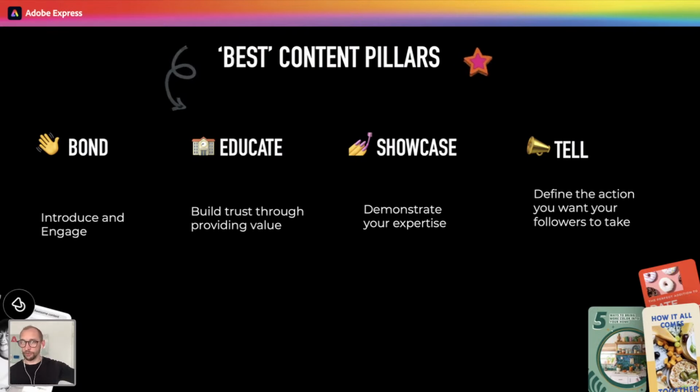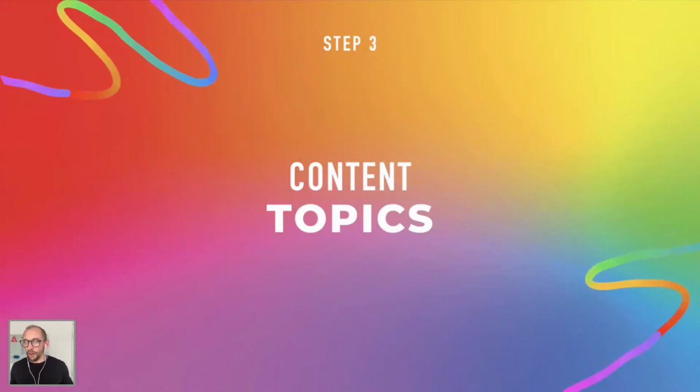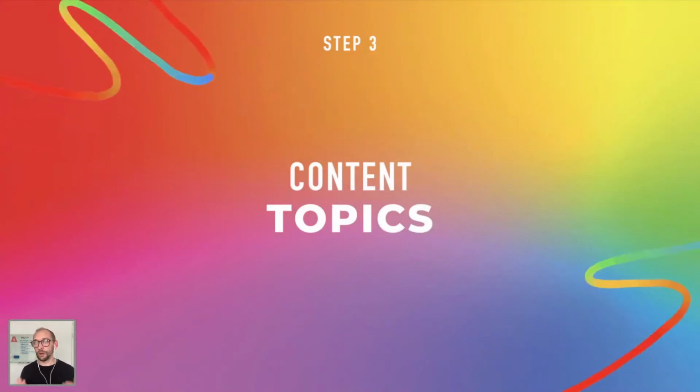And for everything that I've spoken about with those 6 golden rules of social, helping people engage and share with others, that's all going to be driven by the bond and educate content. So all of these pillars, like 4 legs on a table, are essential to help a strategy stand up. So now we understand the goals, we understand our 4 pillars. Now we want to talk about the topics for our content.